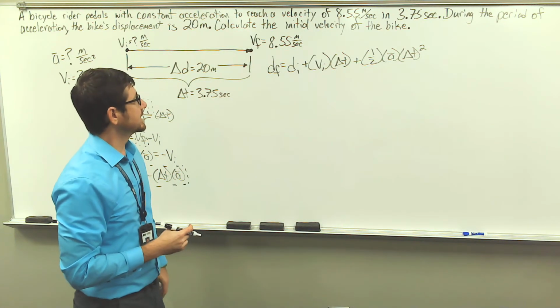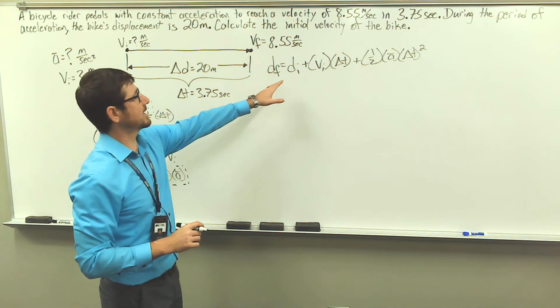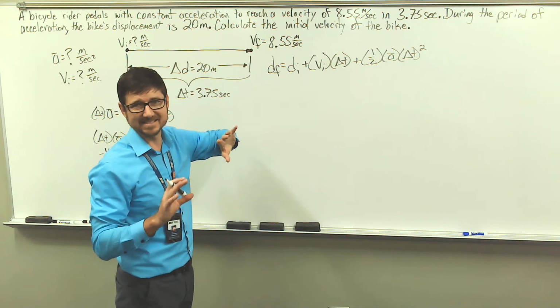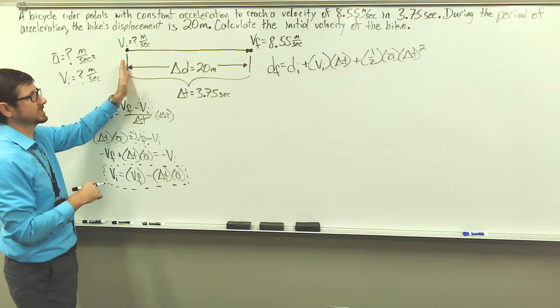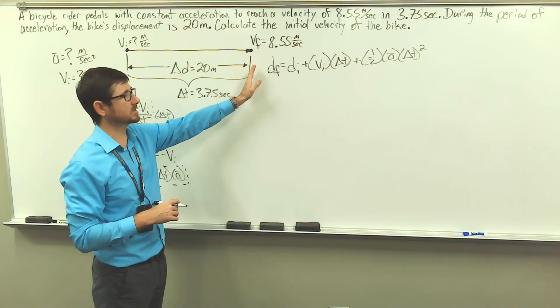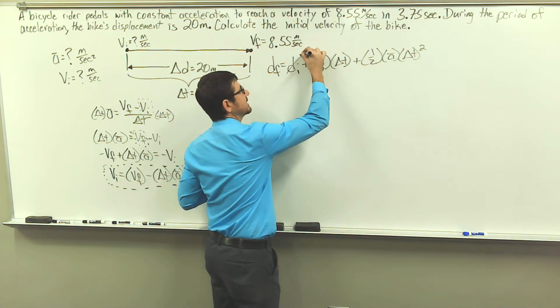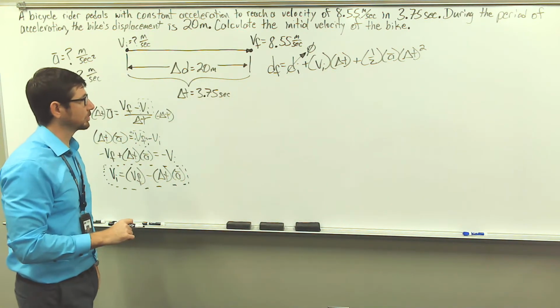Now, I want to immediately identify that the initial displacement of our object is 0. So we're starting from a position of 0, and we're changing our position a positive 20 meters. So immediately, this goes to 0. We don't even need to mess with it anymore.